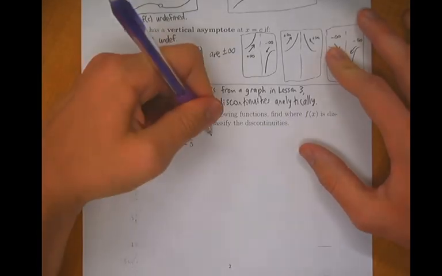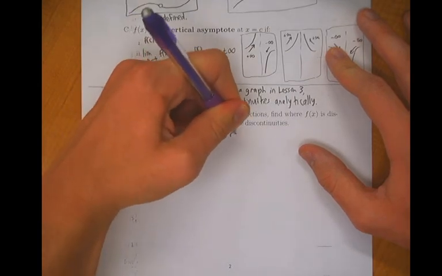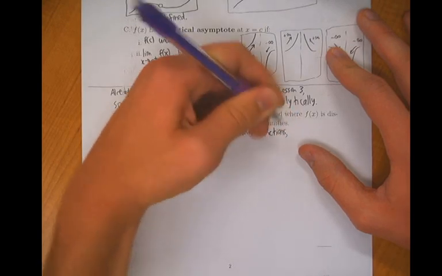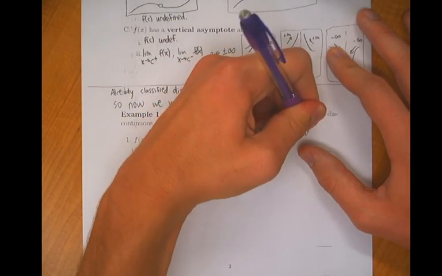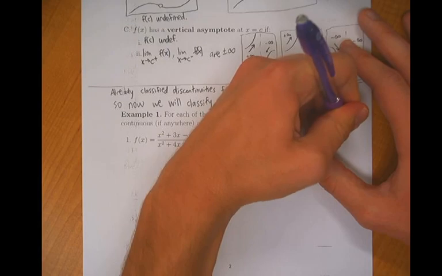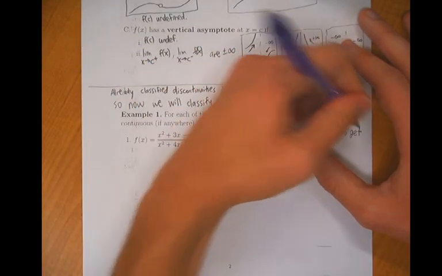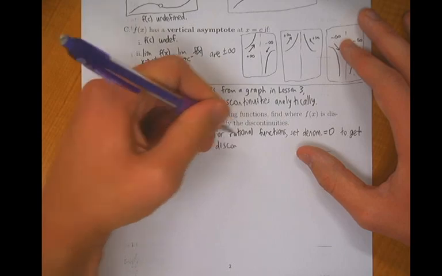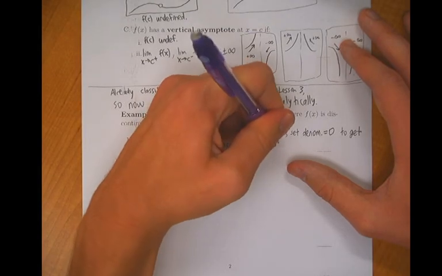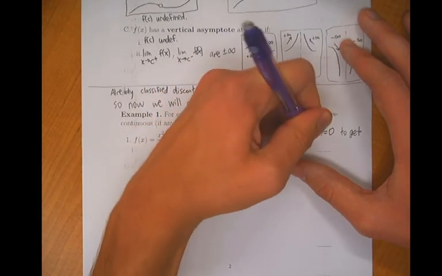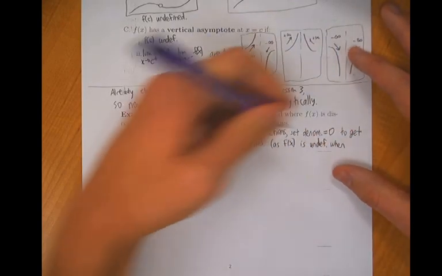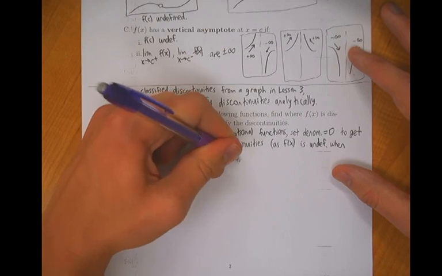So if that's the case, for rational functions, we need to set the denominator equal to 0 to get discontinuities, as f of x is undefined when the denominator equals 0.